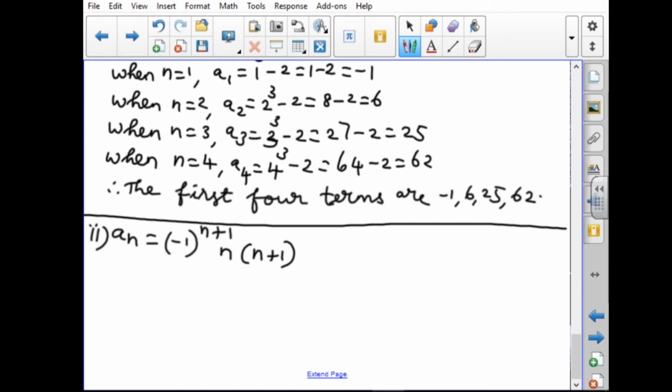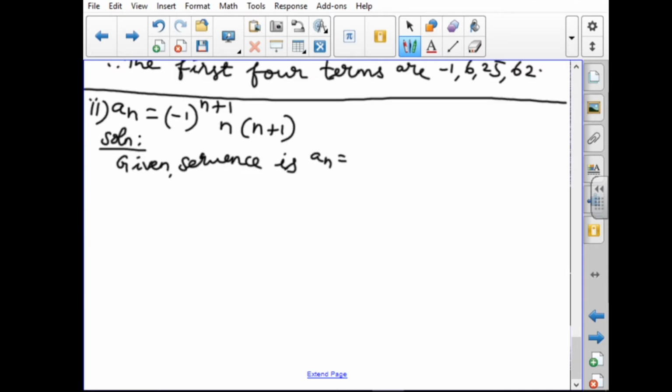When n equal to 1, solution: the given sequence is an equal to minus 1 whole power n plus 1 into n plus 1. an means this is the nth term.